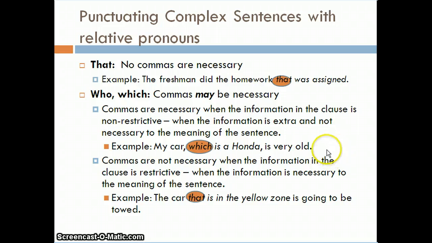So let's look at an example here. My car, which is a Honda, is very old. So if we look at the information in the dependent clause, our dependent clause is here, which is a Honda. That does not change the meaning of the main clause. The main clause, our independent clause, is my car is very old.